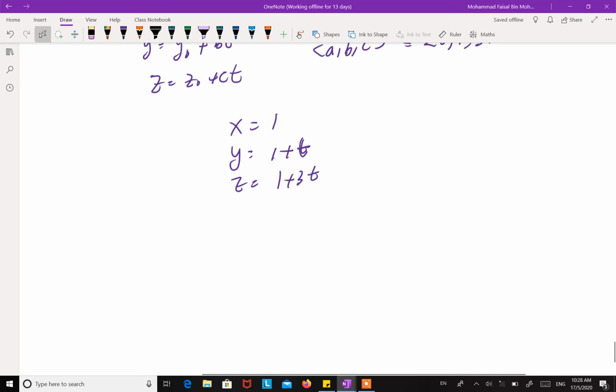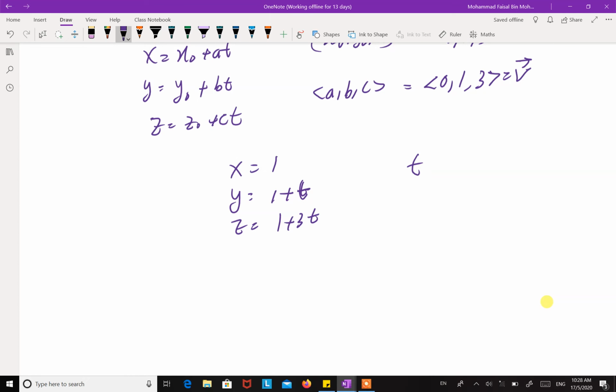So to find the limit of t, t equals y minus 1. So t naught equals y naught minus 1, t1 equals y1 minus 1.